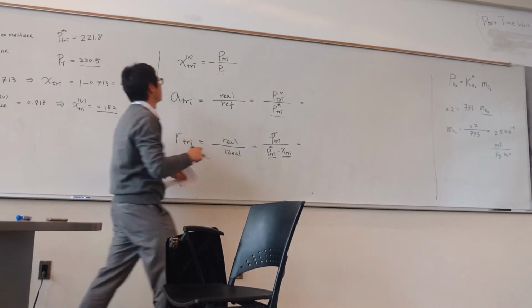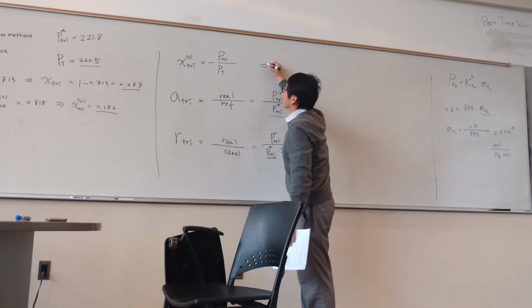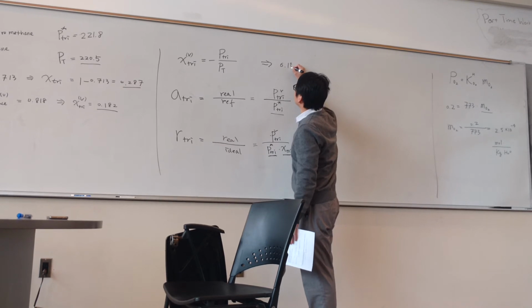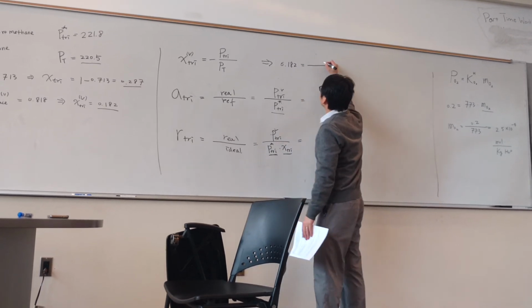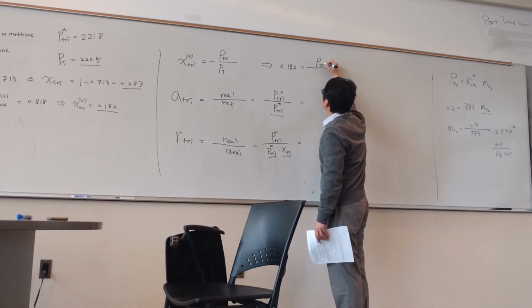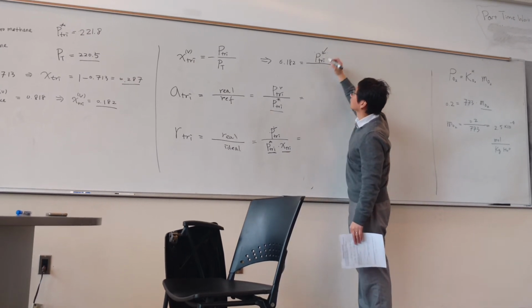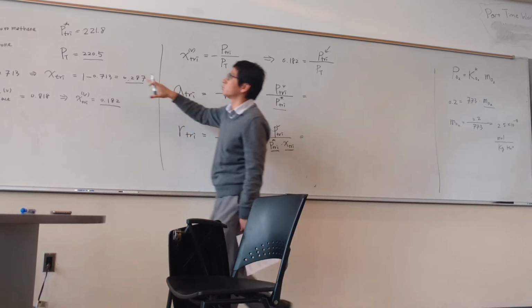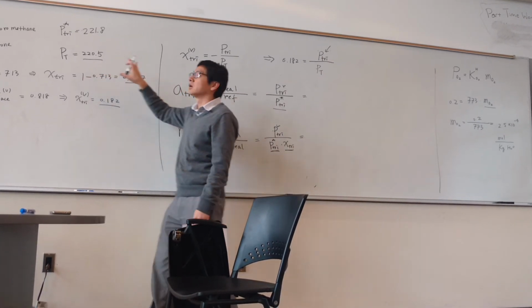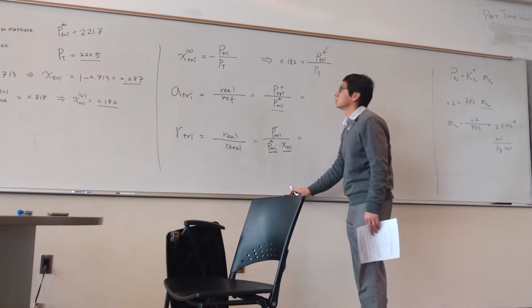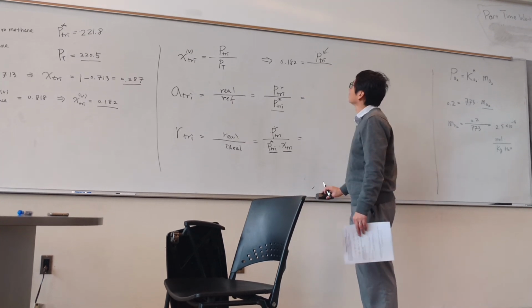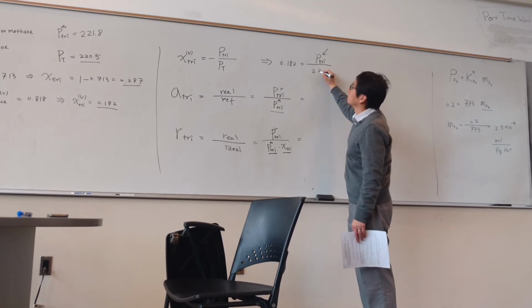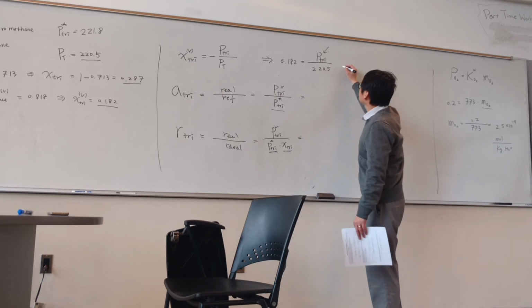So you know the left-hand side is 0.182. P trichloromethane is the thing you are looking for. P total, you actually know the number because it's provided inside the question. So P total is equal to 220.5.